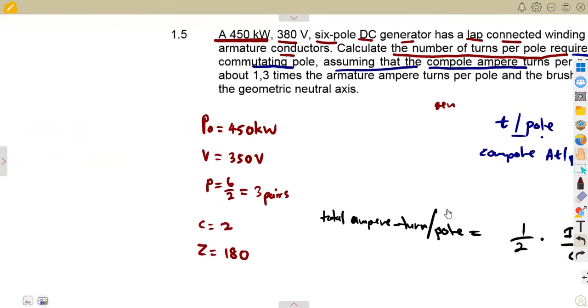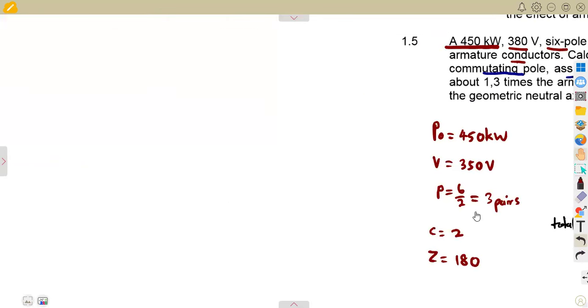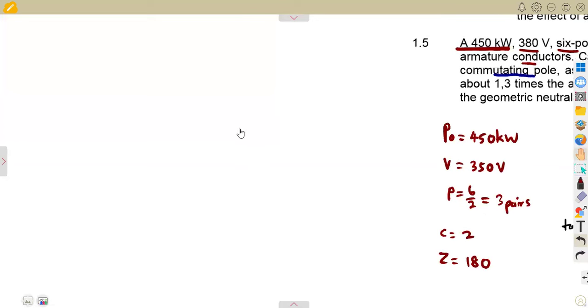There is nothing special about this DC generator that we are given. So we are going to take this as a series consideration, where we understand that in a series consideration, the armature current is equal to the load current. All right, so be careful about that one. Consider it as a series where armature current is equal to the load current.